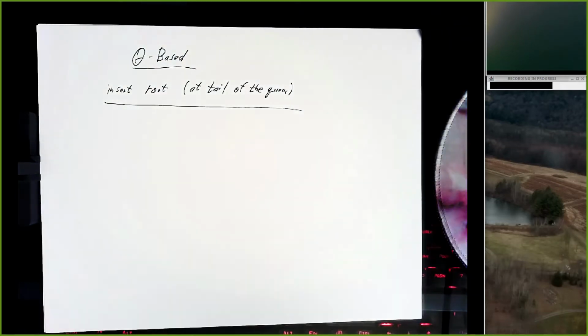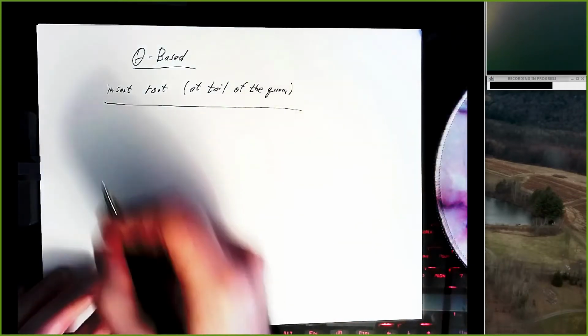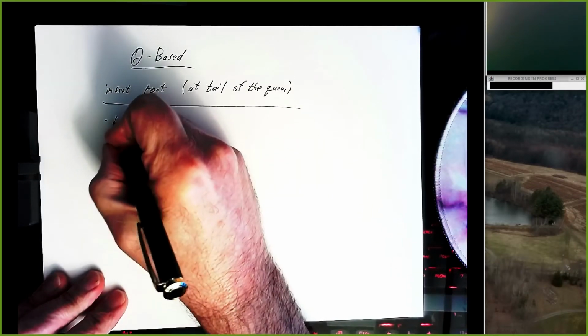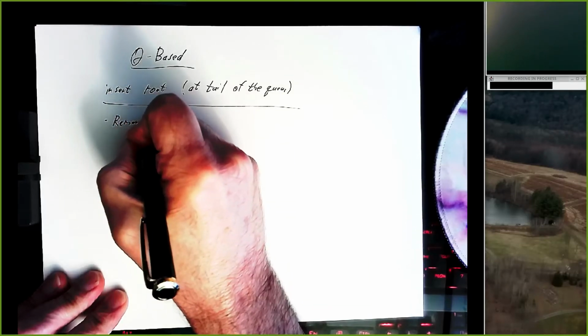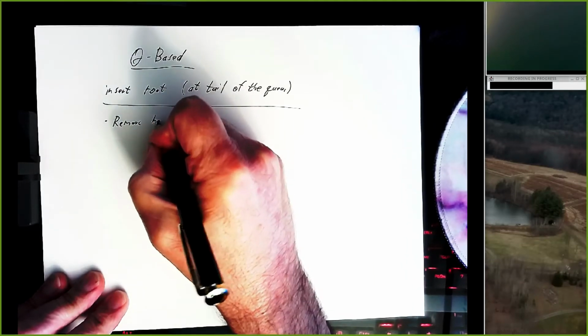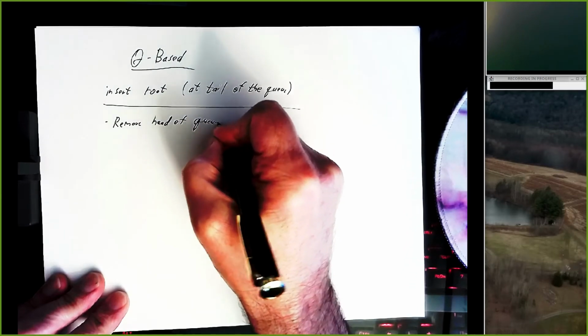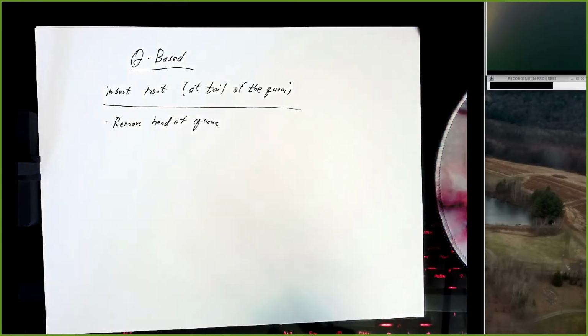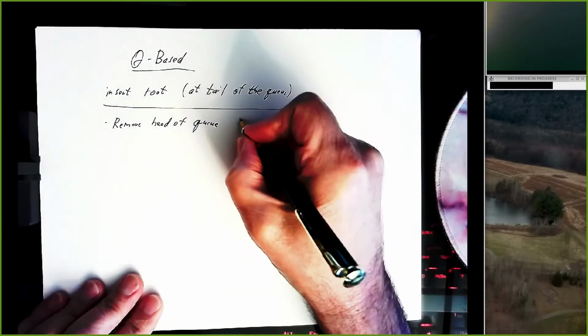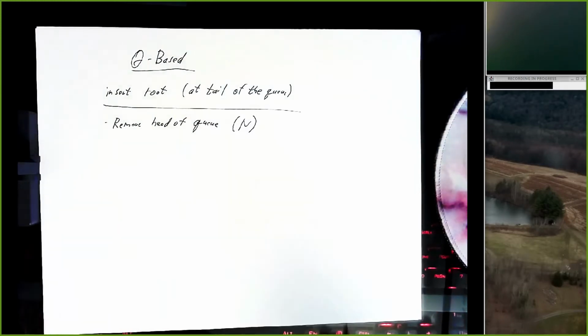And then we begin a single loop. We remove whatever's at the head of the queue. Let's call it N for the node that we removed.